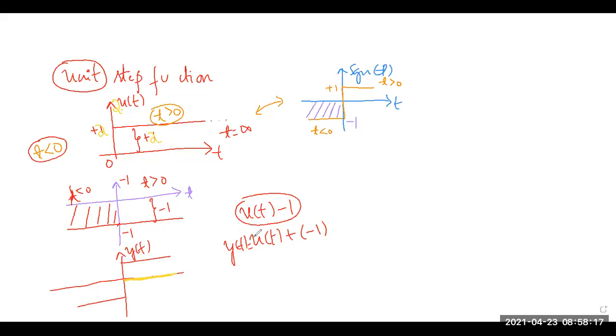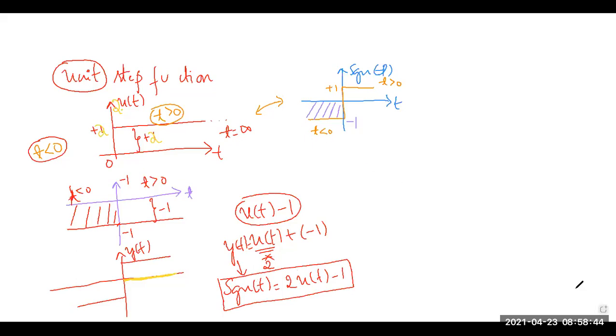So the signum function, y of t, is nothing but signum of t, which can be obtained by multiplying u of t by 2. So 2 times u of t minus 1 is our signum function. This is the relationship between the signum function and the unit step function.